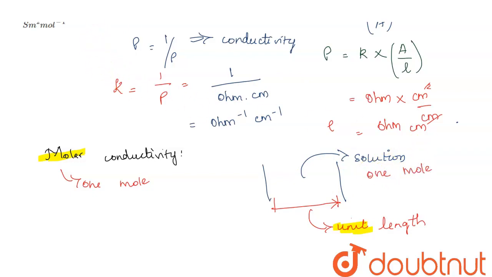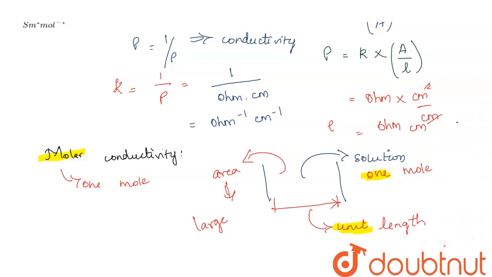Everything has to be in unit, that is 1. But the area between these two electrodes has to be large, a large cross sectional area, so that 1 mole of electrolyte between the 1 unit of distance of the electrodes will conduct a large amount of electricity. That conductivity is called the molar conductivity.